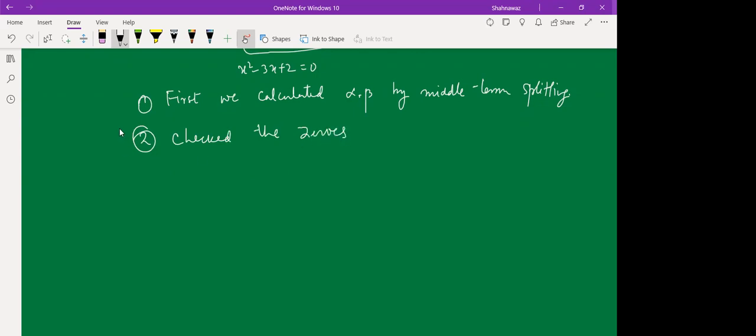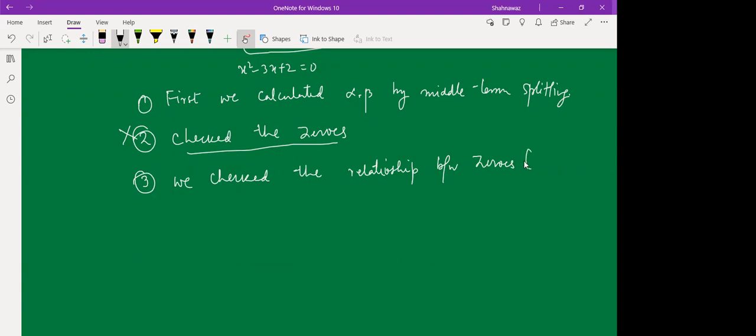This you don't need to do, but for the case of calculation we check these. And 3, we checked the relationship between zeros and the coefficients.